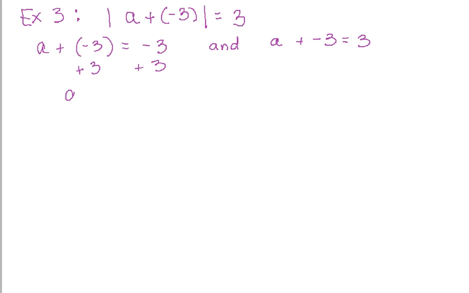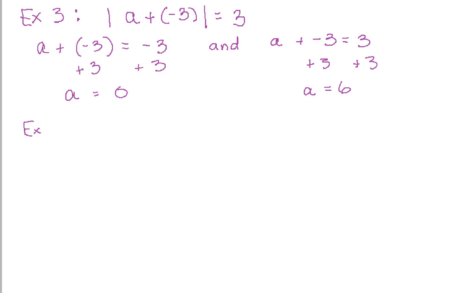So I'm left with a equals 0, or I'm going to add 3 to both sides here and have a equals 6. So again, like I said, our intuition was correct insofar as we could get to a 0, but we weren't correct that there would only be one solution.